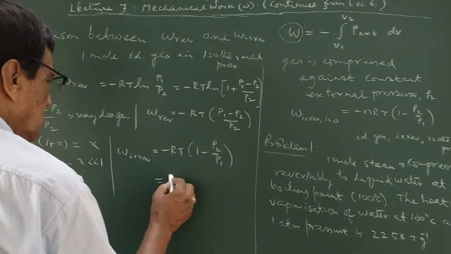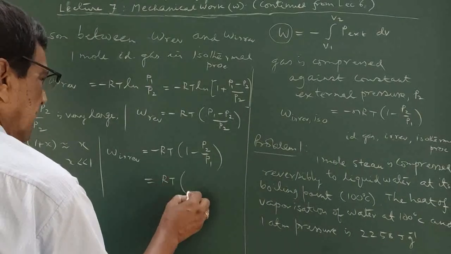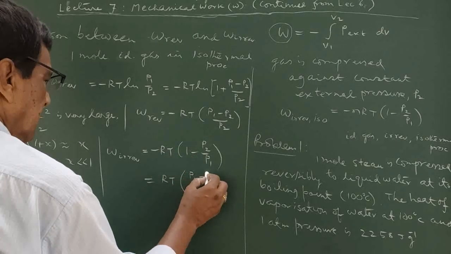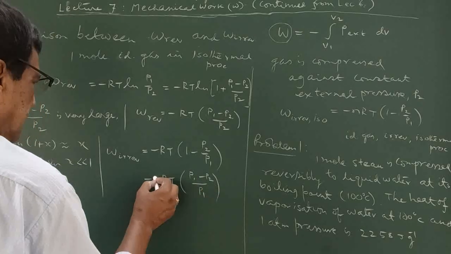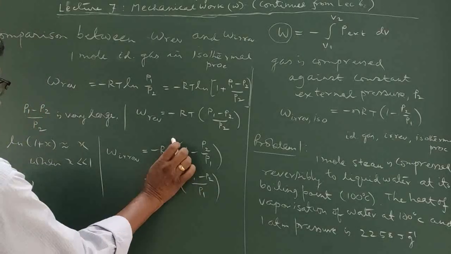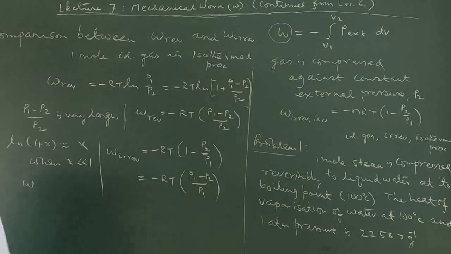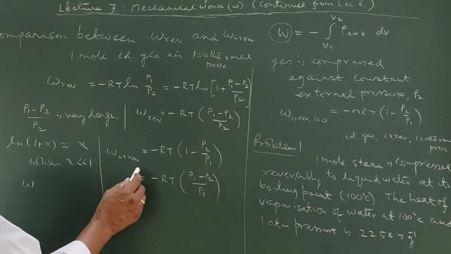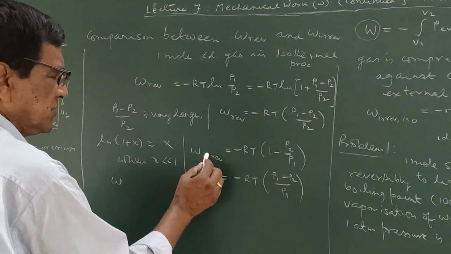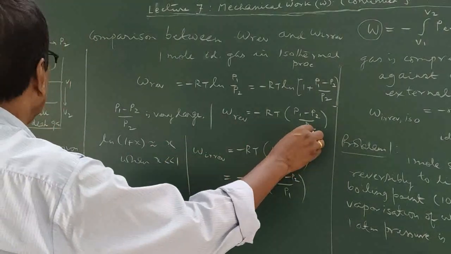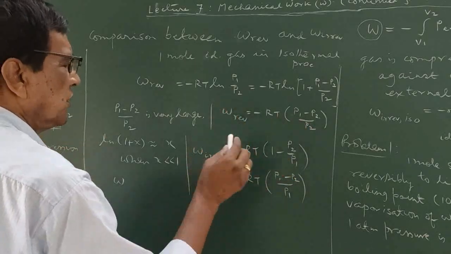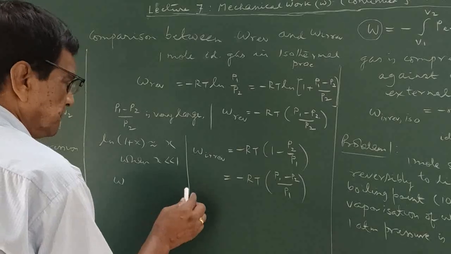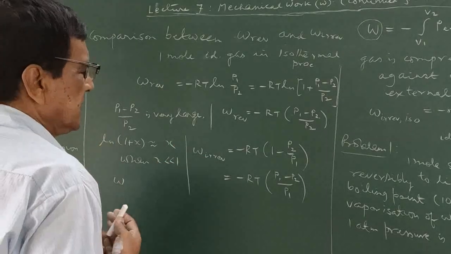So this is equal to minus RT times P1 minus P2 divided by P1. So if we consider the magnitude, then this one is the greater and this one is the less.